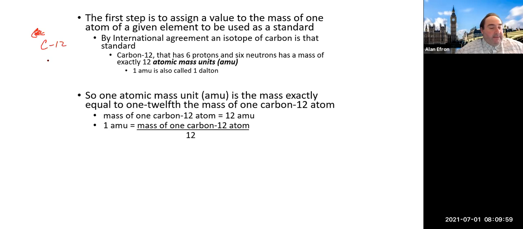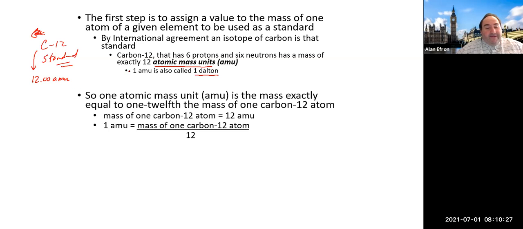That isotope is basically the standard to which everything else is compared. Carbon 12 has 6 protons and 6 neutrons, and its mass was decided to be exactly 12.00 AMU. Again, an AMU is an atomic mass unit. It is also sometimes referred to as a Dalton.